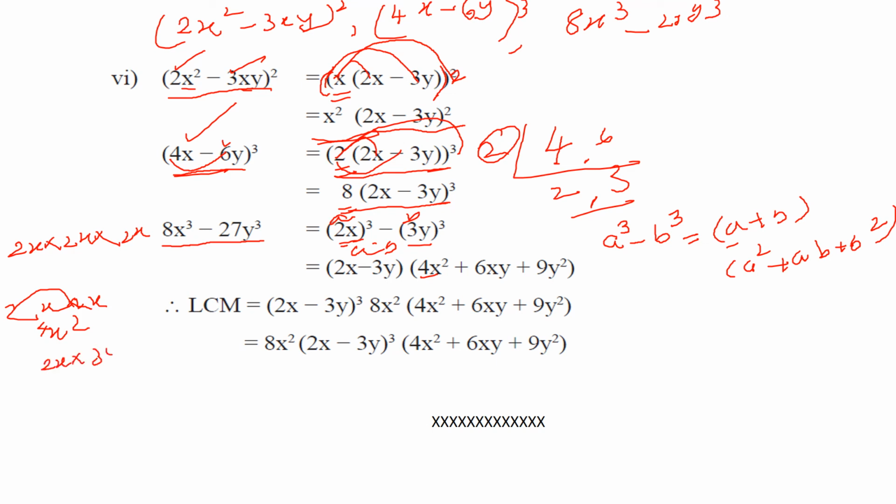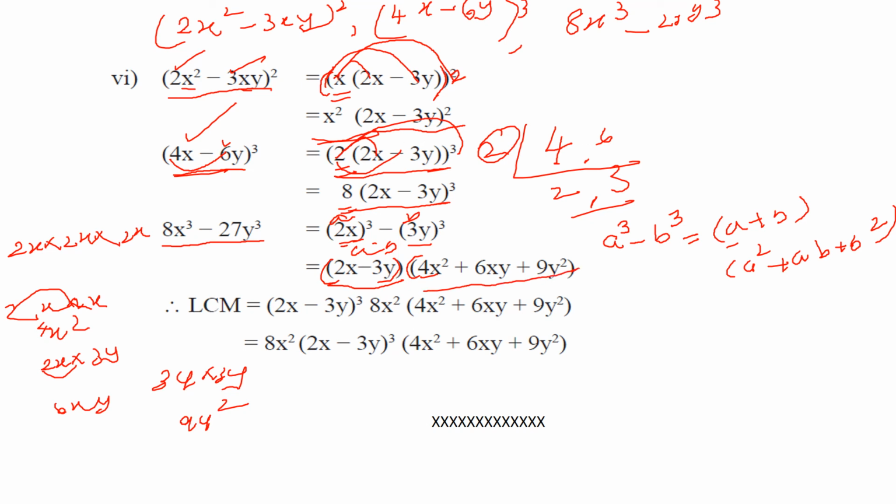So 2 into 3 is 6xy, plus b squared. b is 3y, so b squared means 3y into 3y, 9y squared. So we can write 2x minus 3y bracket first, and after that a squared plus ab plus b squared, that is 4x squared plus 6xy plus 9y squared.